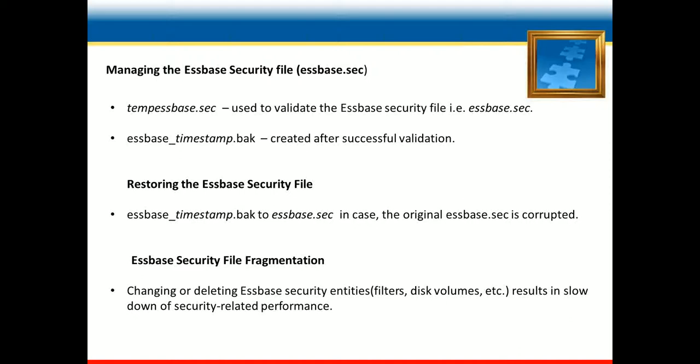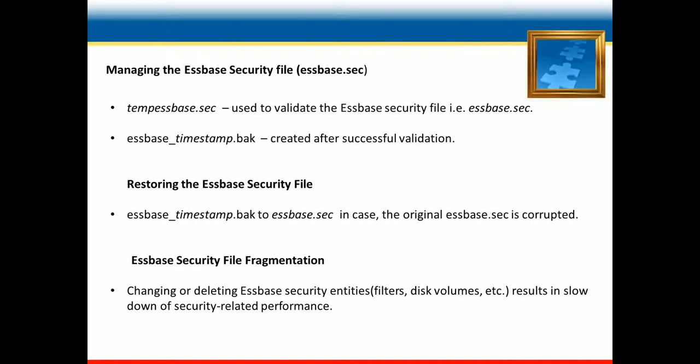It will compare that file with the temp SEC file, and after a successful validation, it creates a backup of that file. That will be written to the same directory as sbase_timestamp, in date time format, with a BAK extension, for restoring the SBase security file.